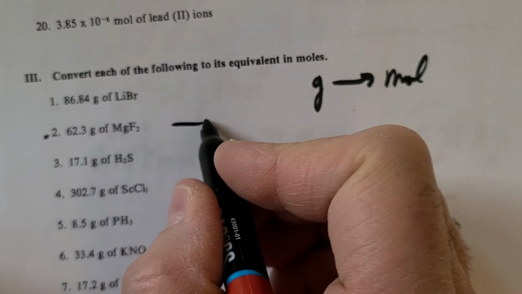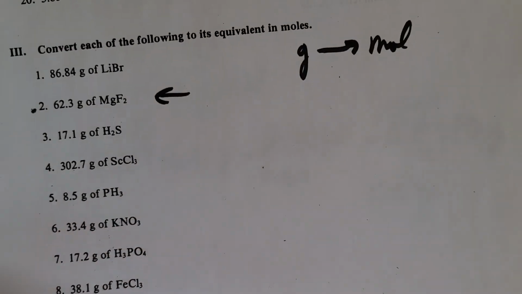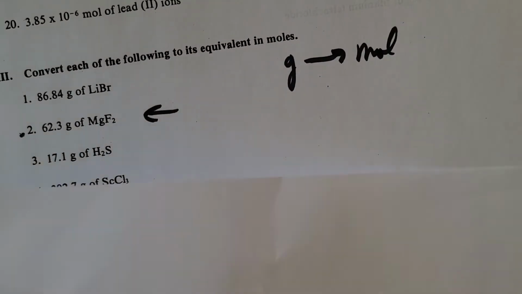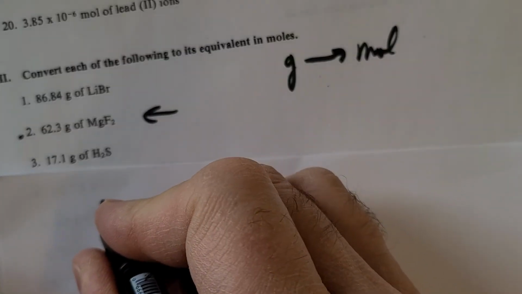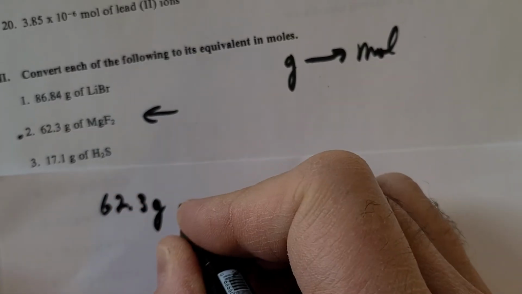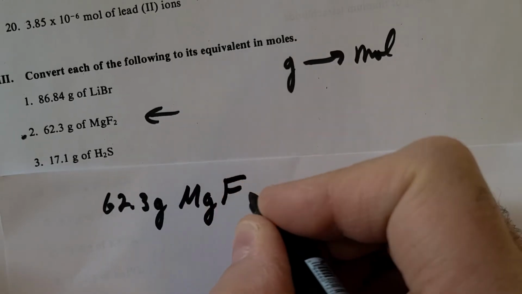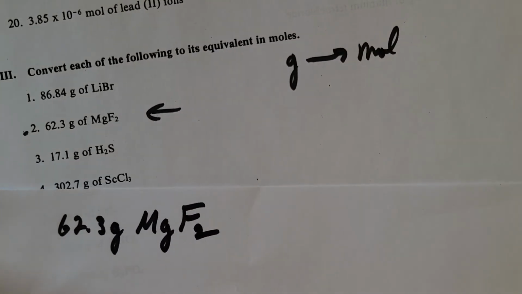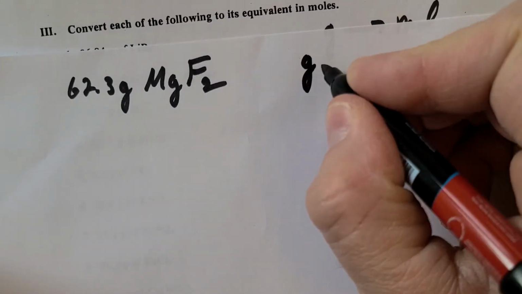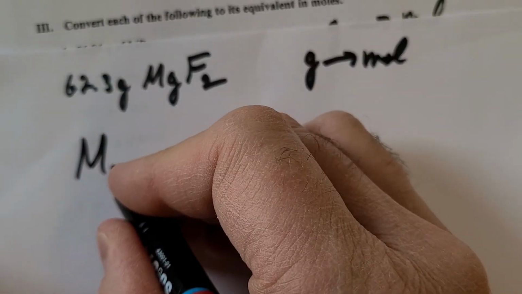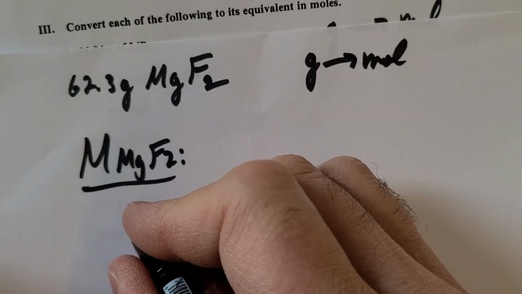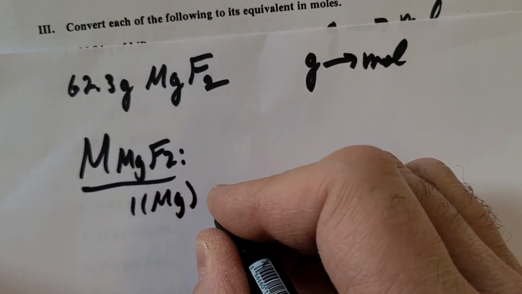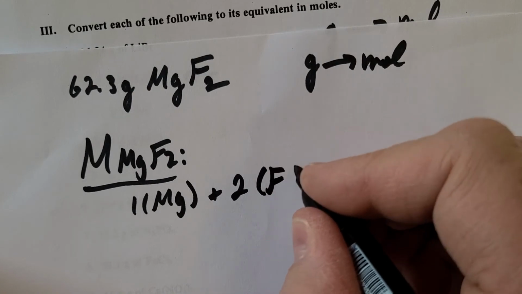So let's look at number 2 here. Let's look at this one right here. I'll just use my piece of paper. We have 62.3 grams of magnesium fluoride. Again, we're going to have to use the molar mass when going from grams to moles. So the molar mass of MgF2: for every 1 mole of magnesium fluoride, we have 1 mole of magnesium and 2 moles of fluorine.